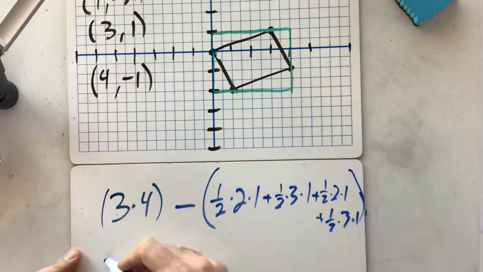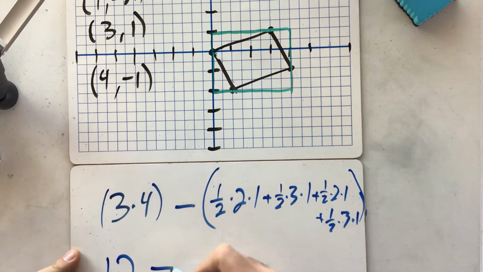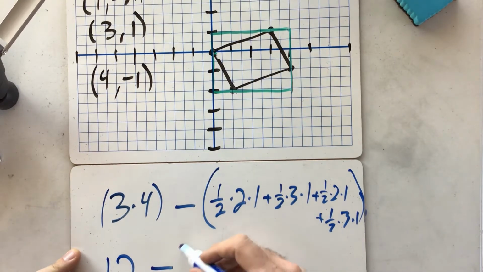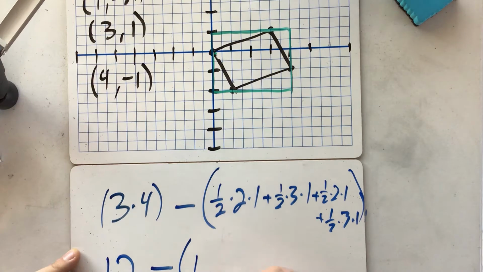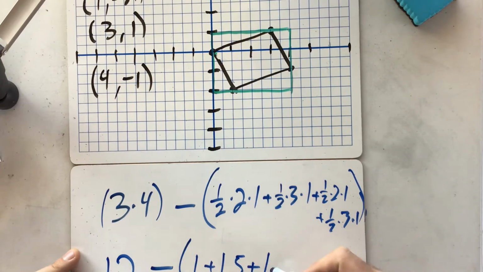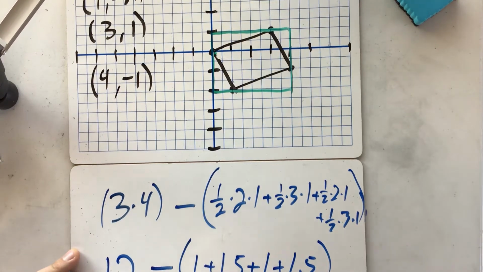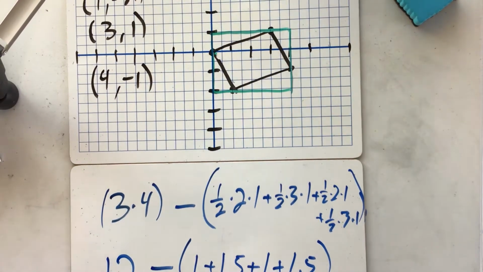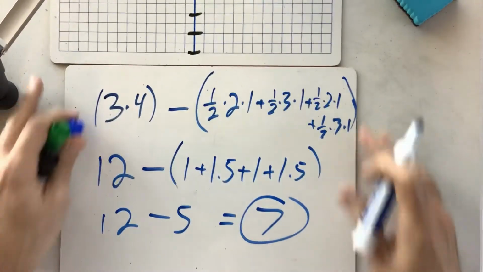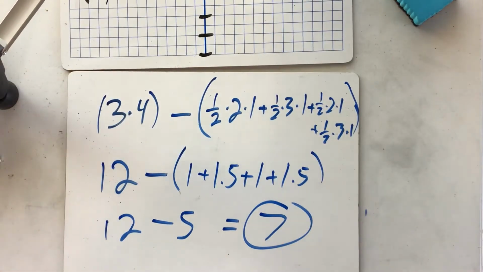And what does this come out to be? This ends up 12 minus 1, plus 1.5, plus 1, plus 1.5. So 12 minus 5, and it looks like we get 7. So it looks like we get 7 for our answer.